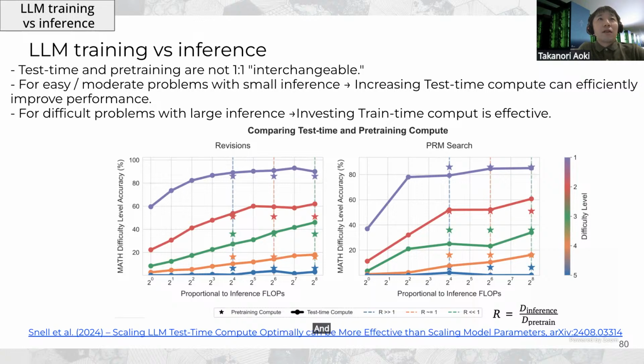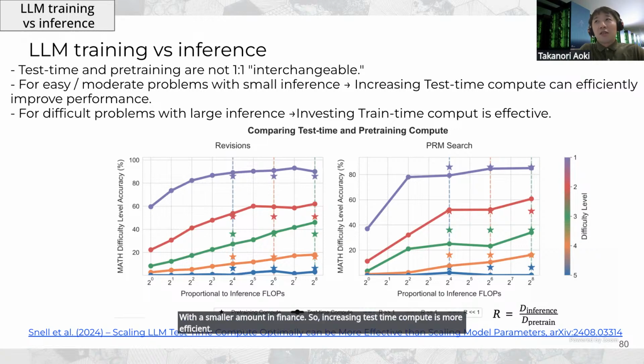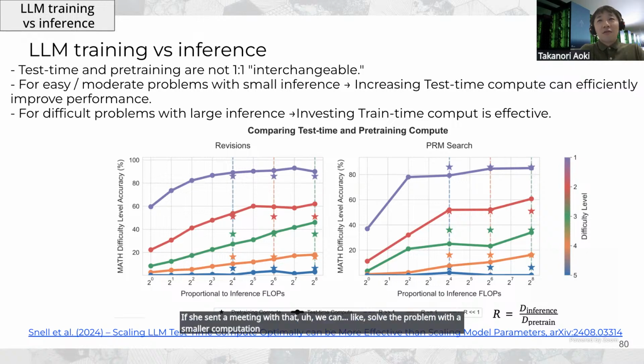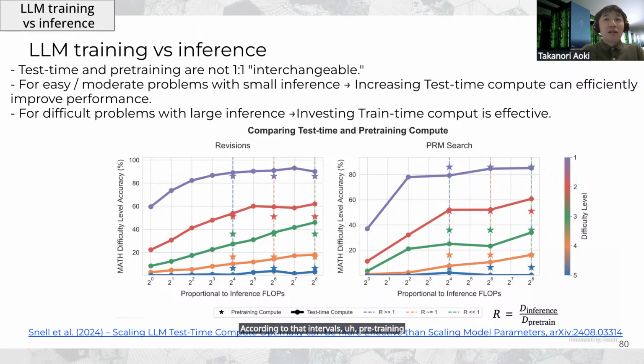And yeah, first thing is for easy or moderate problems with a smaller amount of inference, increasing test-time compute is more efficient. Efficient meaning that we can solve the problem with smaller computation in total, considering both pre-training computation and test-time computation.